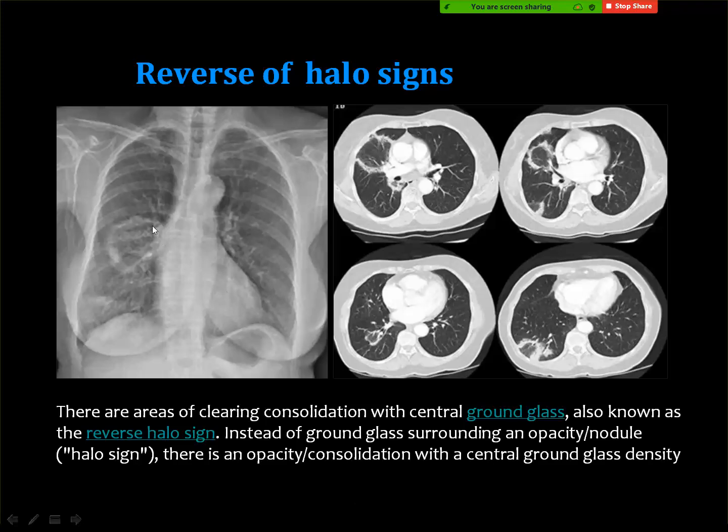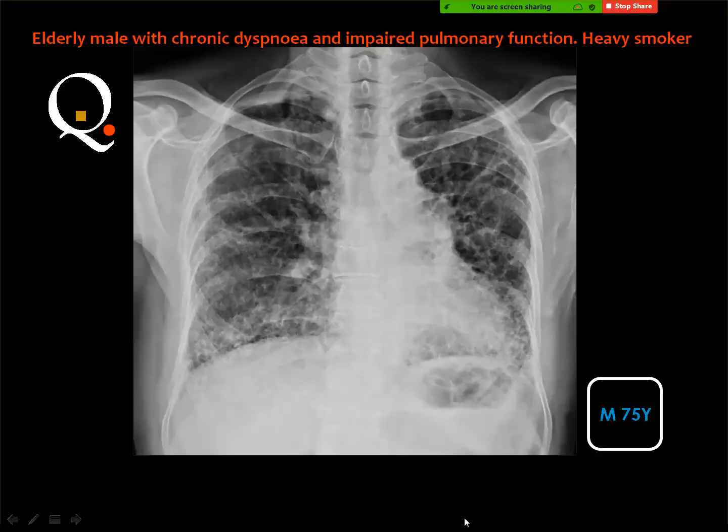This is the classic appearance, which is not very informative in the plain film and can be mistaken for many other lesions. But in the CT scan it's quite clear and very apparent, the reversed halo sign. Then this elderly male with chronic dyspnea and impaired pulmonary function is a heavy smoker.